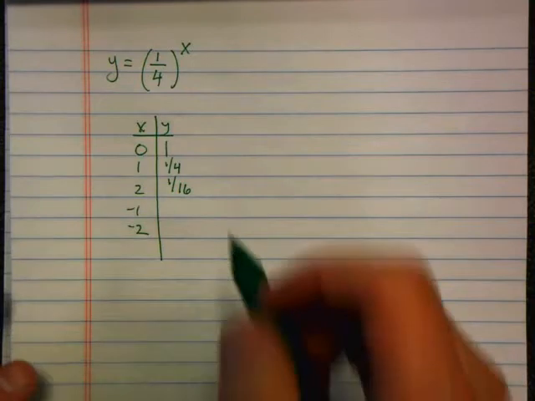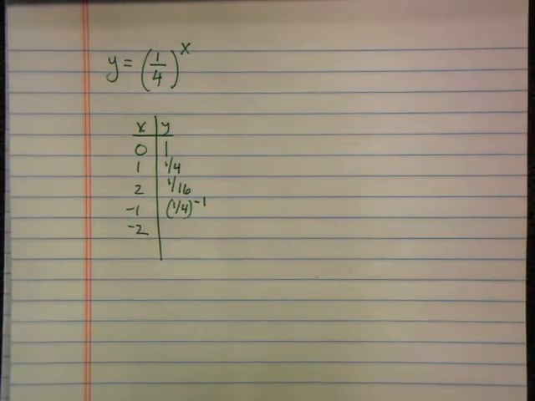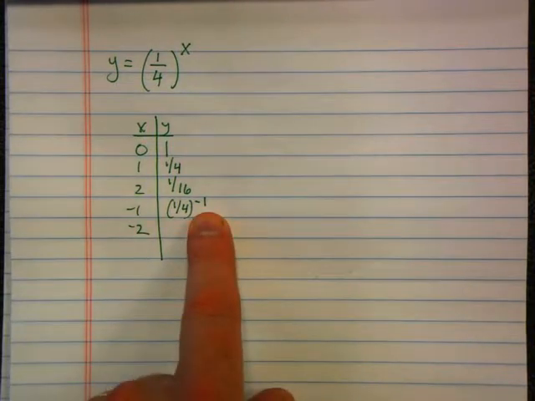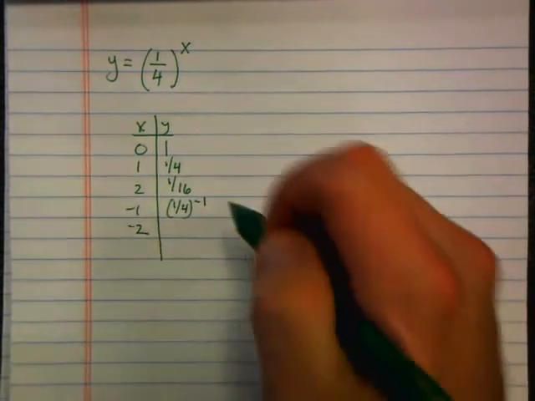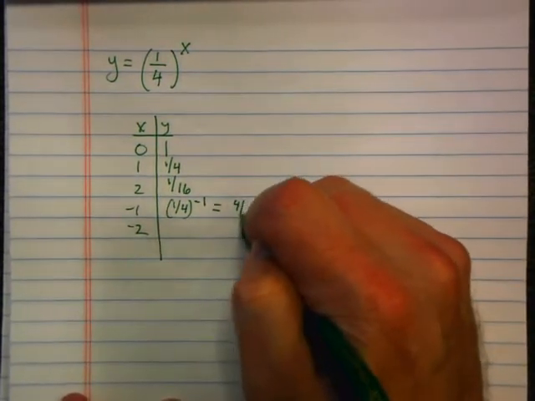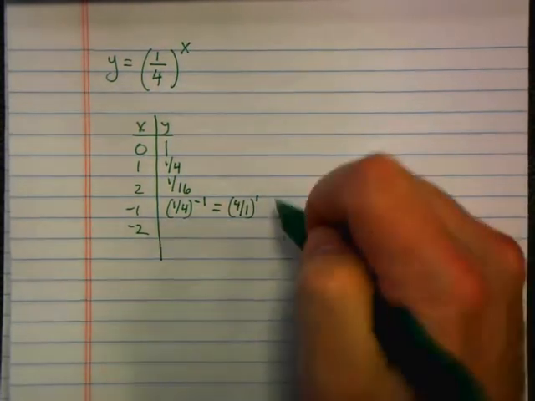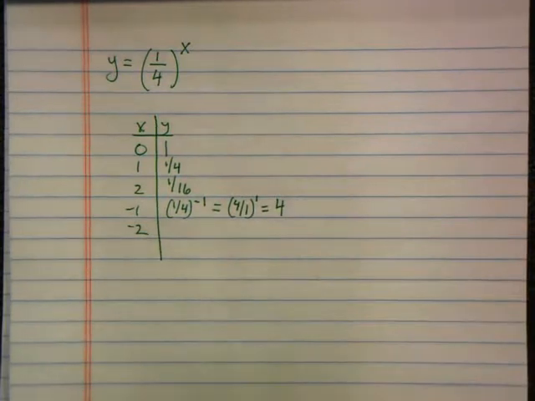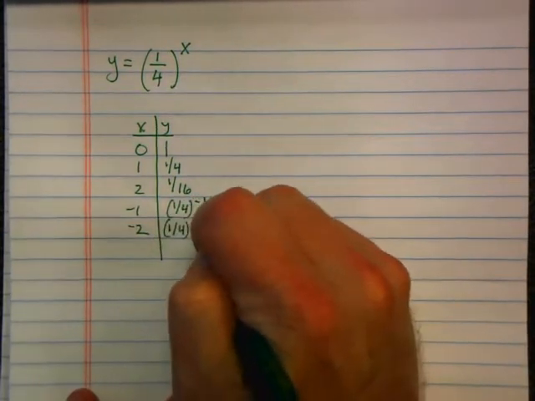All right, now how about 1/4 raised to the -1? What does a negative exponent do to a fraction? It flips it. So this is the same as 4/1 raised to the first, which is, of course, a fancy way of writing 4. 1/4 to the -2.